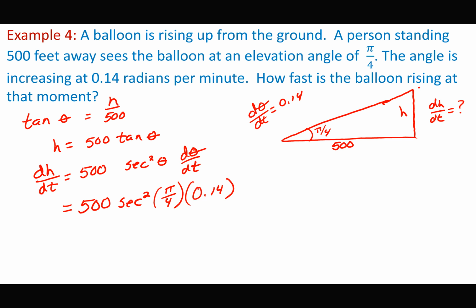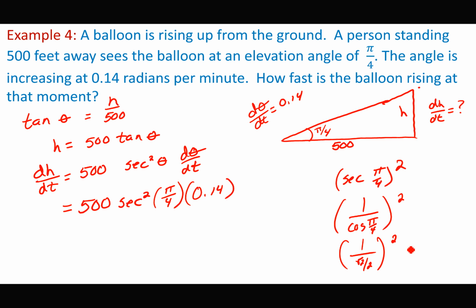Secant squared of pi over 4. So that's secant of pi over 4, squared. What is secant in terms of sine and cosine? 1 over cosine of pi over 4, quantity squared. What's the cosine of pi over 4? Root 2 over 2. Okay, Jacob, I think you're getting ahead of us.